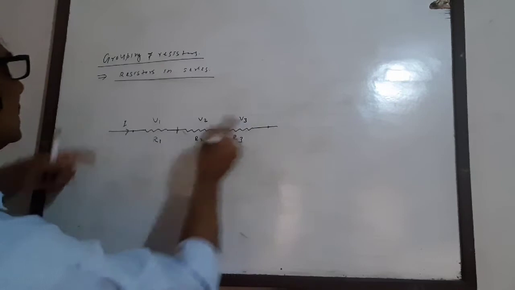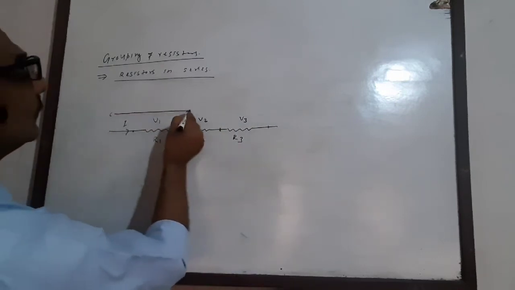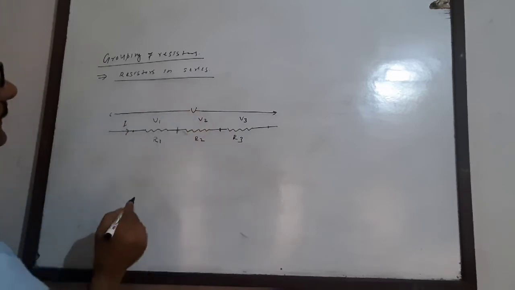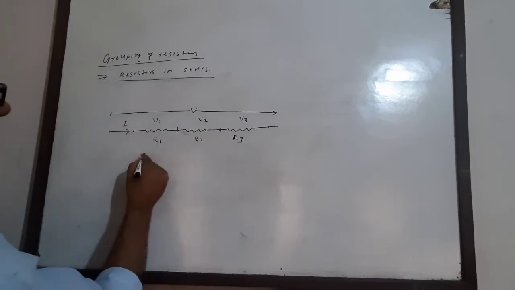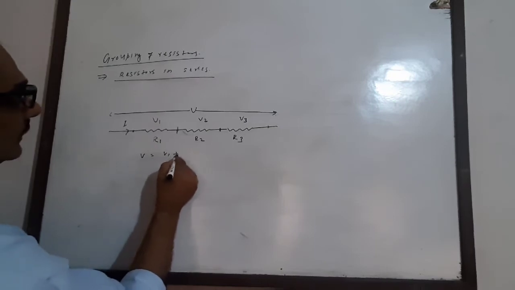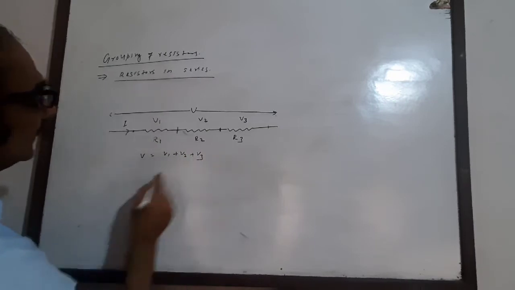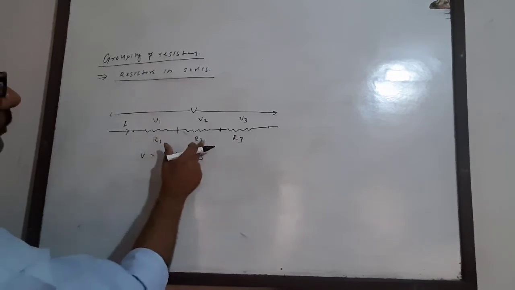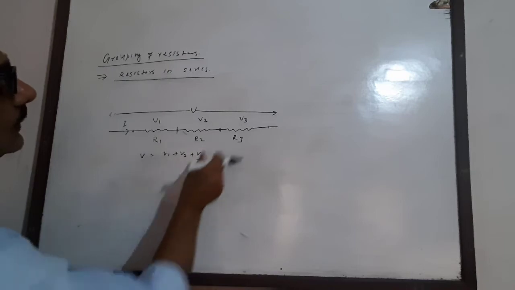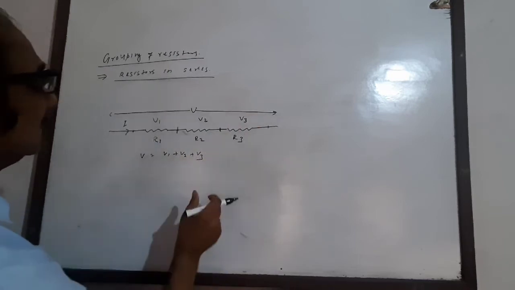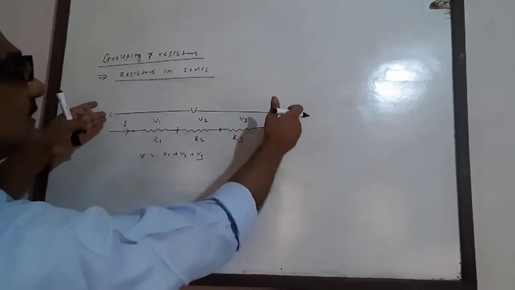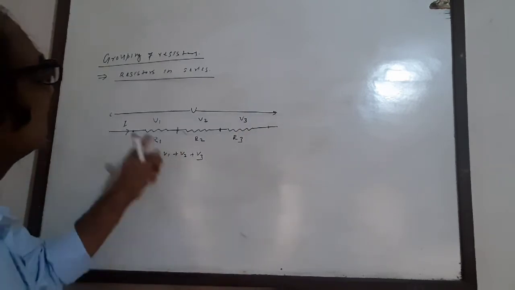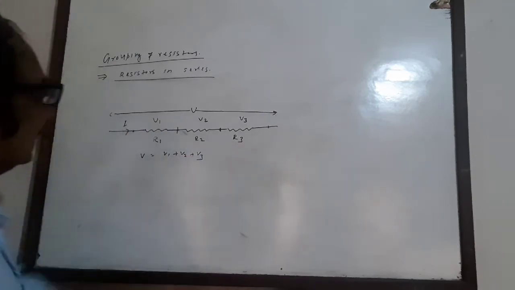So this is the net potential from one point to another, this is V. So V equals V1 plus V2 plus V3. The net potential difference between these two points is equal to the sum of the potential differences across R1, R2 and R3.